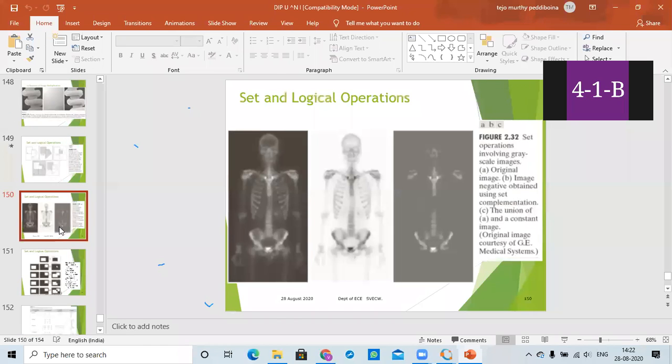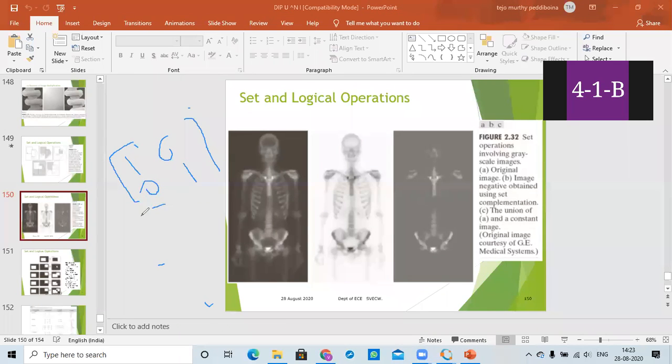So similarly, there are certain operations for logical operations also. What is a logical operation? For example, in logical operations, the image must be a black and white image. That means the image should consist of only ones and zeros. For example, this is my image.